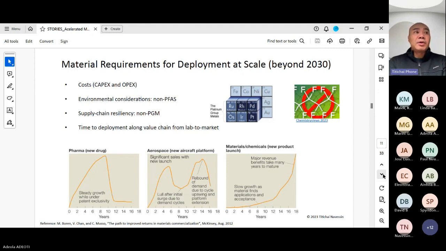But in the chemical industry and material industry, typically it takes a long time, so this slow growth amounts to over 10 years before materials find their application and usage widely. So it's a characteristic of materials commercialization, but we have seen that there are more tools available, and the community and the industries are more connected. So this trend is expected to change. Commercialization is expected to be much faster. Next slide.